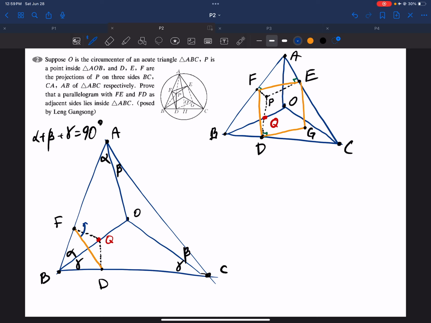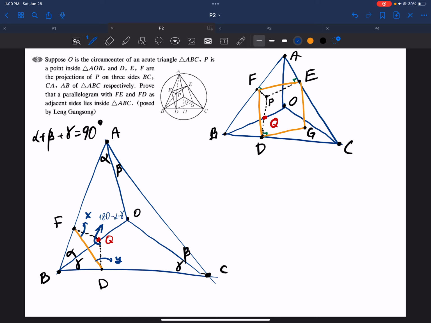This one is X, and this one is Y. Also, because this is a right angle and this is a right angle, the sum of these two angles is 180 degrees, which means that this angle is 180 minus alpha minus gamma. Let me use a slightly thinner pen. Okay, it's for this angle.